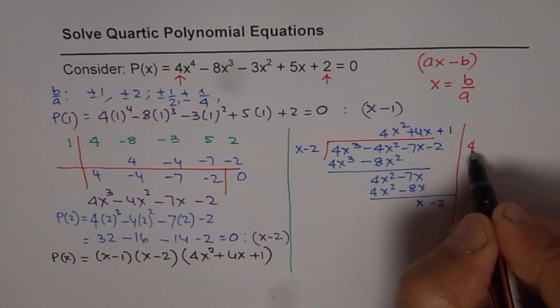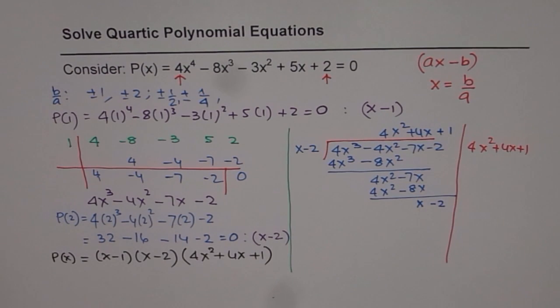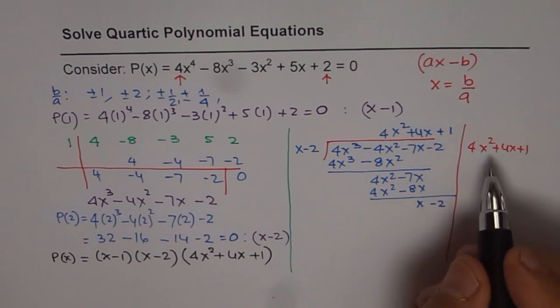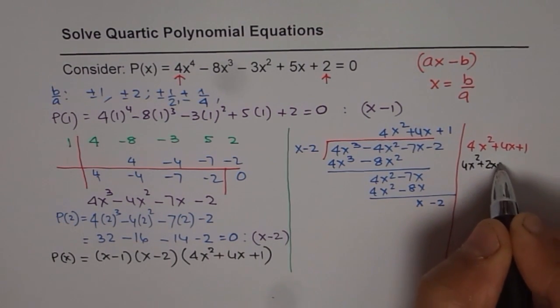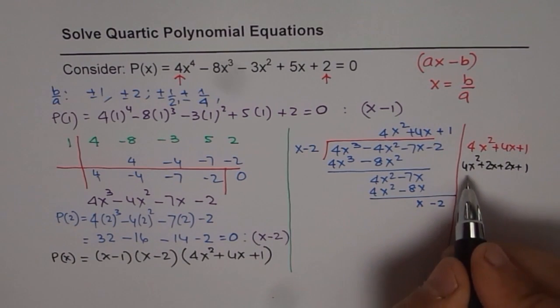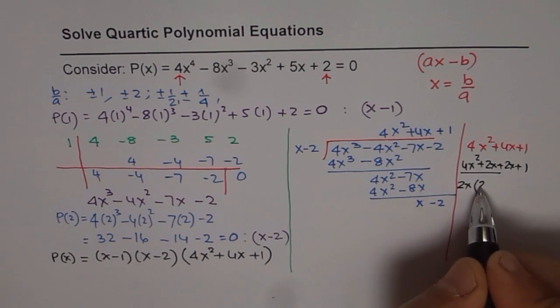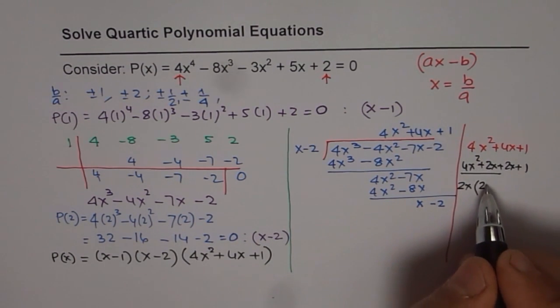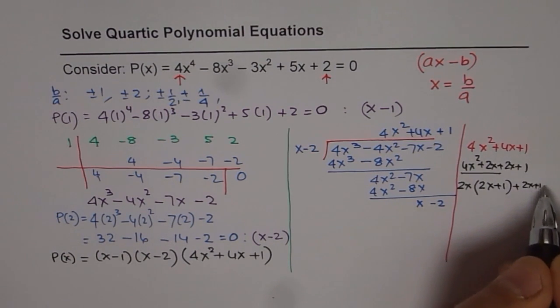So we factor 4x squared plus 4x plus 1, and we figure out that the magic numbers are 2 and 2. So we have 4x squared plus 2x plus 2x plus 1. When we combine these two, 2x is common. So we have 2x plus 1, and we already have plus 2x plus 1 here.